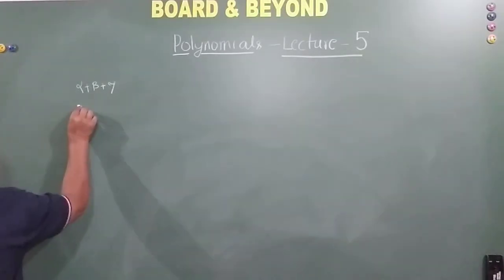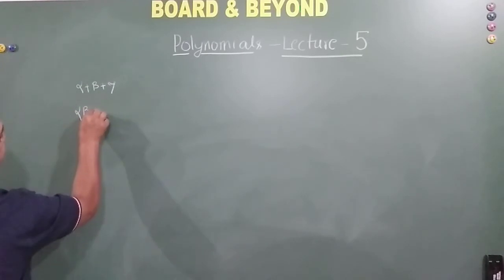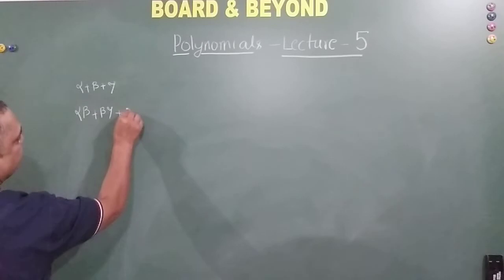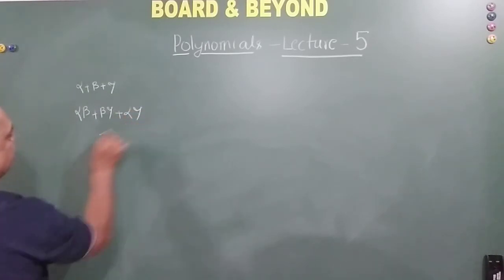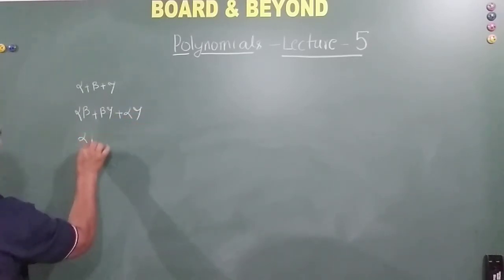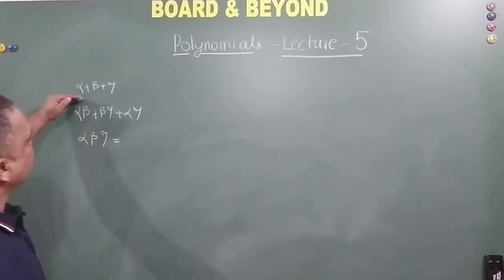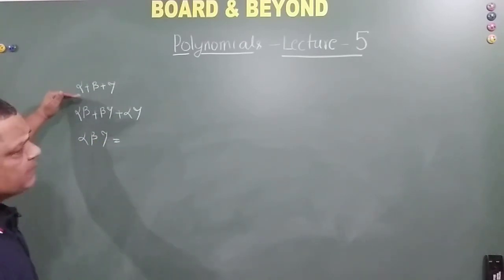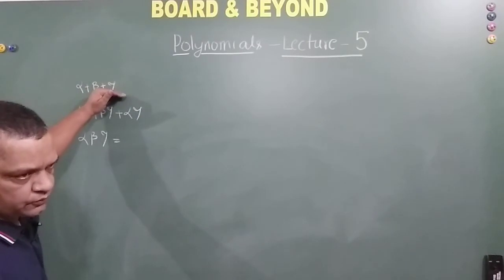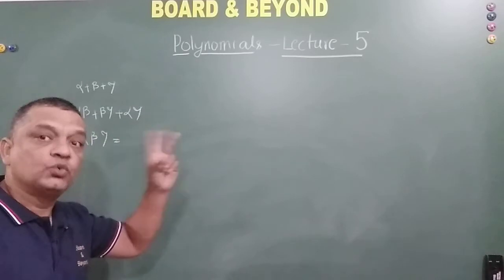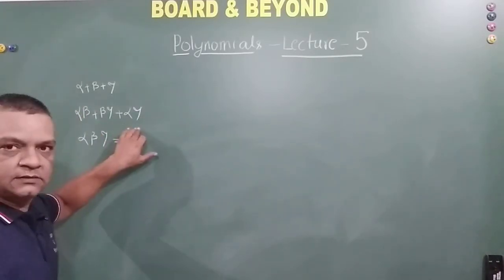So alpha plus beta plus gamma, alpha beta plus beta gamma plus alpha gamma, and then alpha into beta into gamma. See, in words it was written that the sum of the zeros, the sum of the product of the zeros taking 2 at a time is this, right?